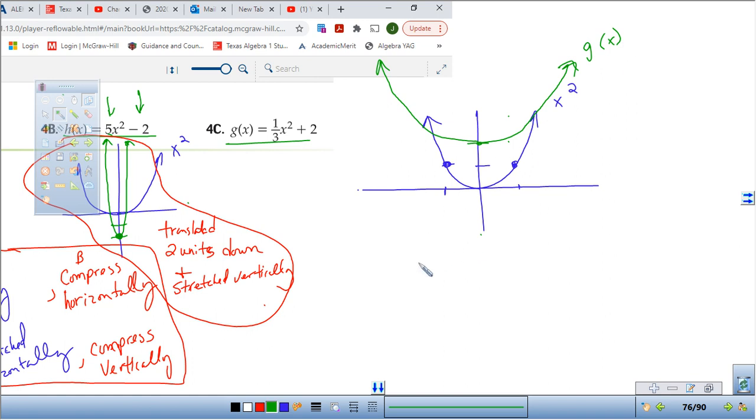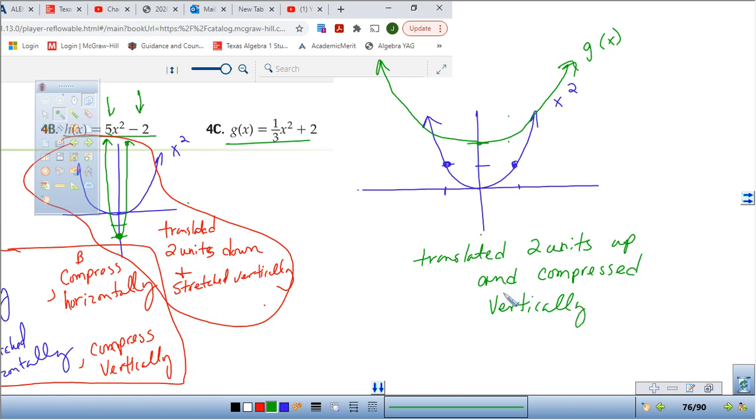What it did is it translated 2 units up, and we'll say compressed vertically.